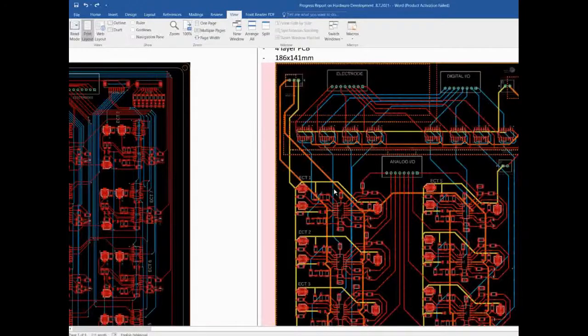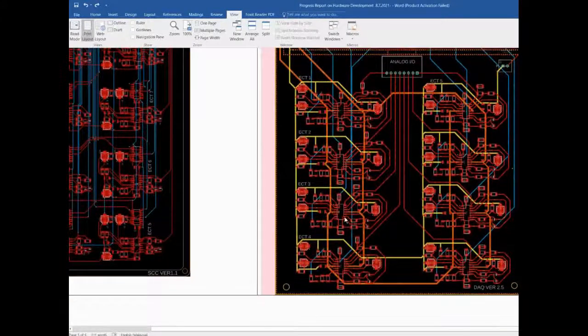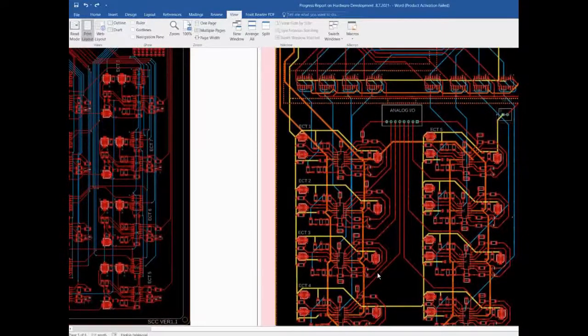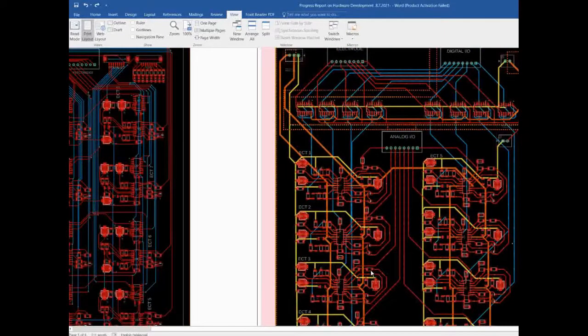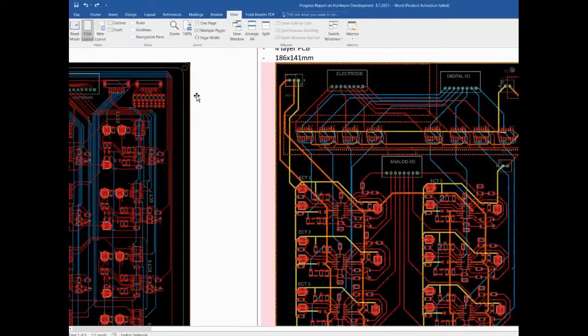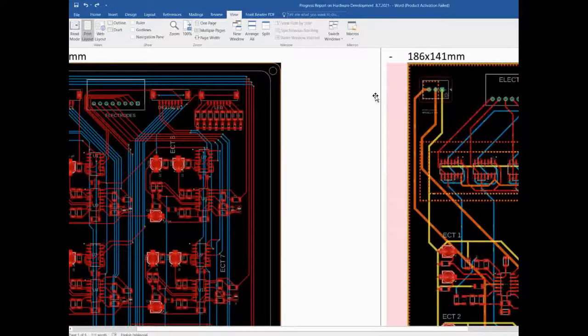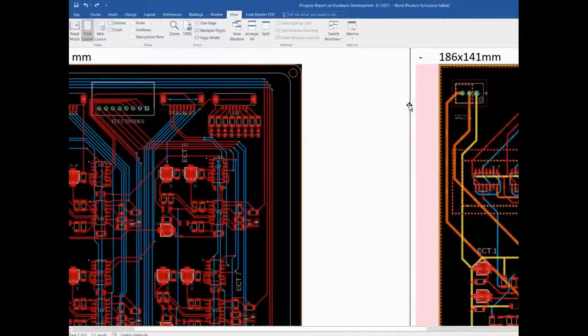There are websites that I referred to that say I should split the ground for analog and digital. So this is what I did here. I put the ground polygon in between the digital circuits and analog circuits, and this kind of improved the whole thing.